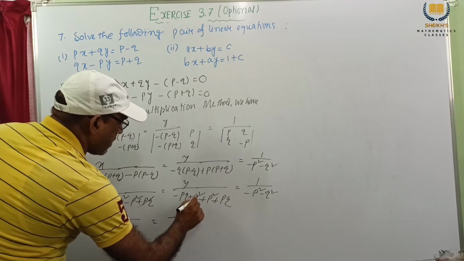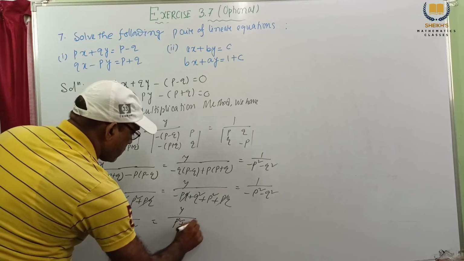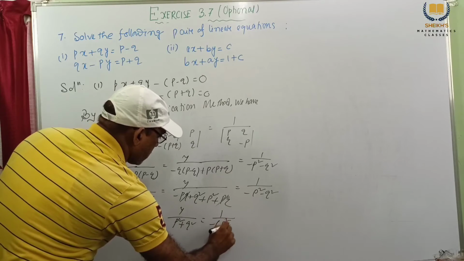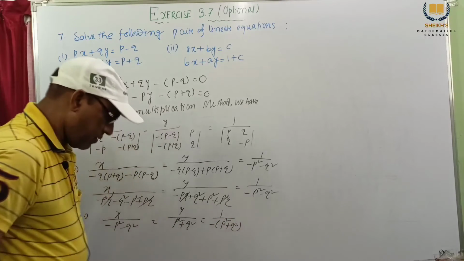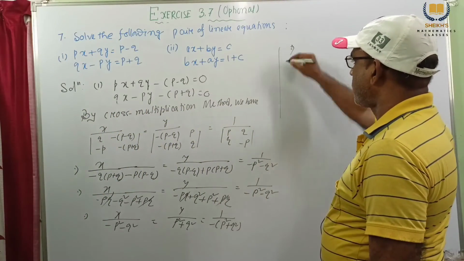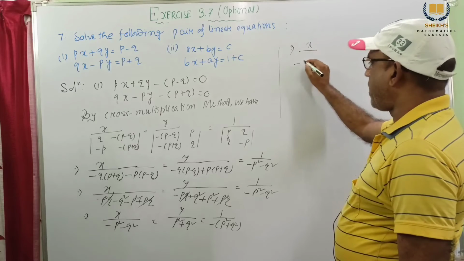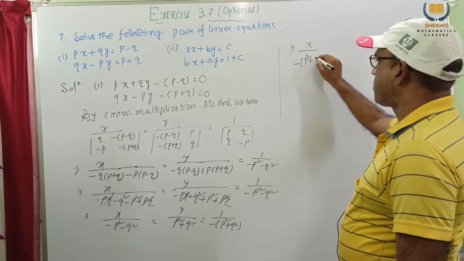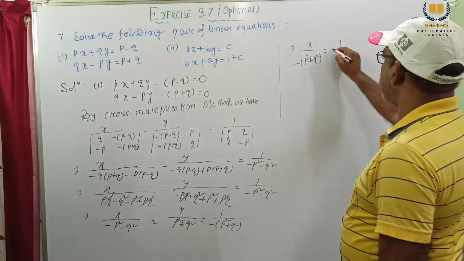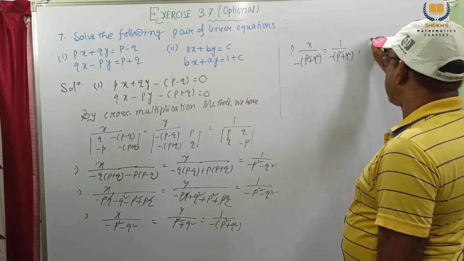Y by, pq cancels, p square plus q square equal to, taking minus sign common, we get p square plus q square. So this implies we get x by minus common p square plus q square equal to this, 1 by minus p square plus q square.